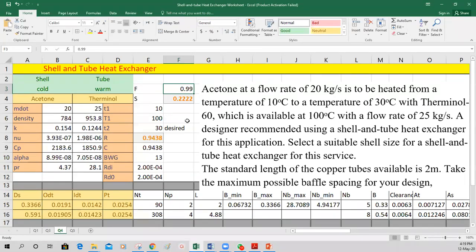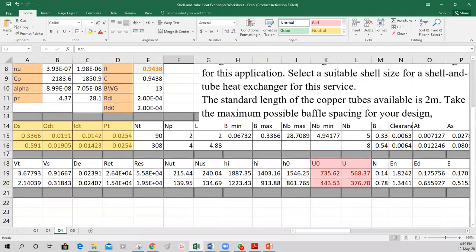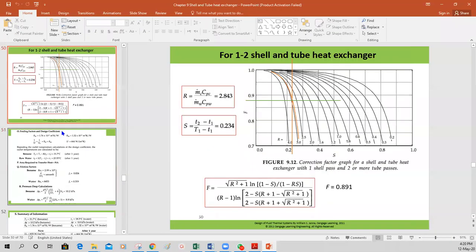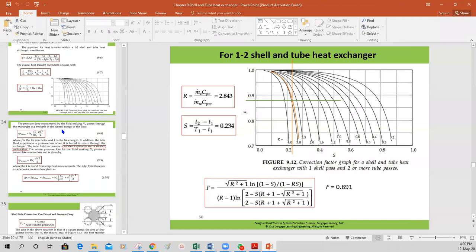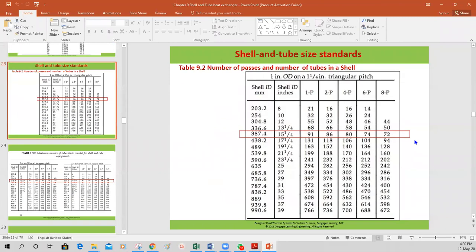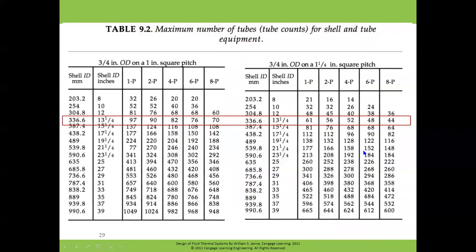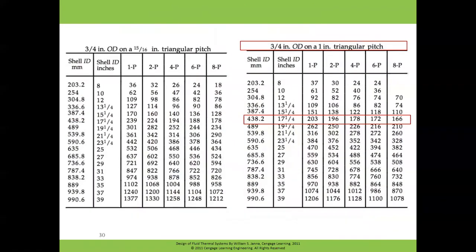Now we are going to select the heat exchanger. For the heat exchanger selection, we go to the tables where the heat exchanger size is given. So here are some tables. This is table 1, table 2, 3, and table 4, 5. There are 5 tables.